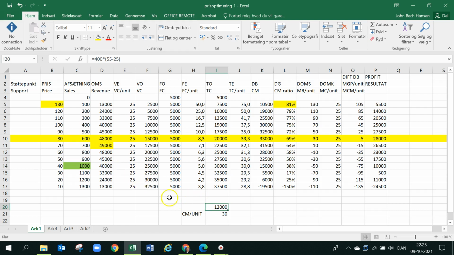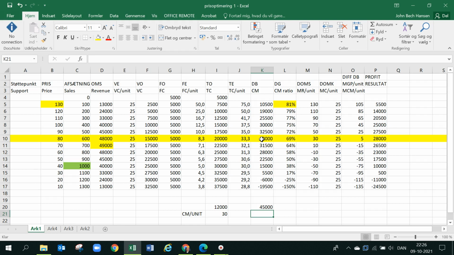So we can calculate and say, well, if we're having full capacity use, and I just add on these 12,000, I will have a contribution margin of 45,000.